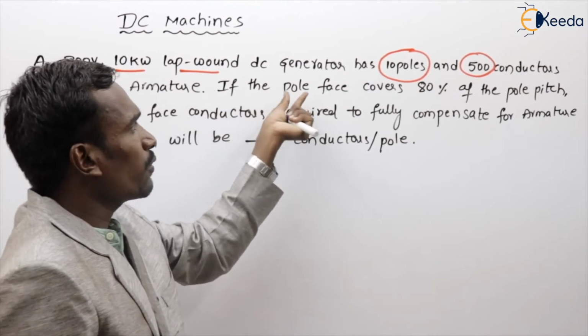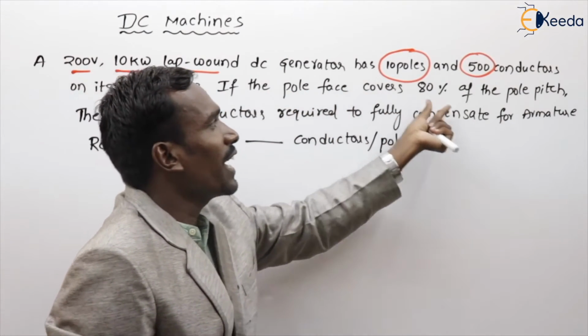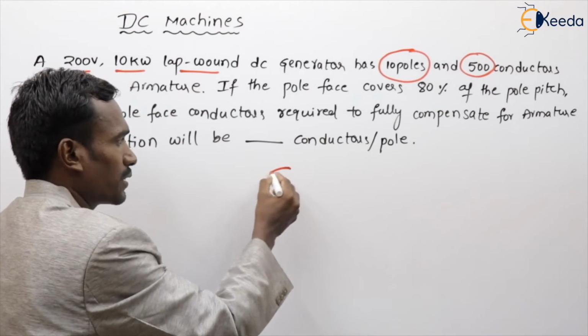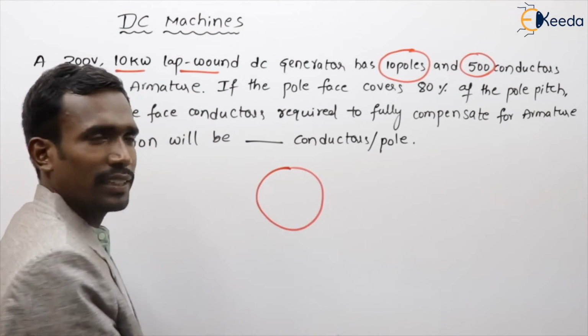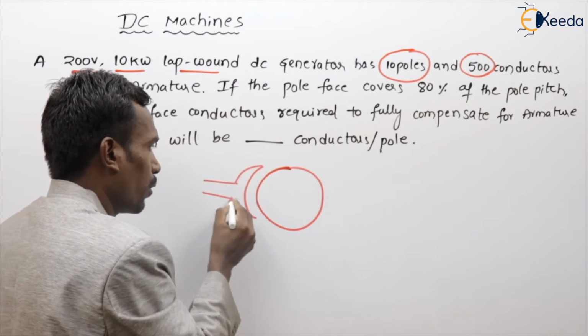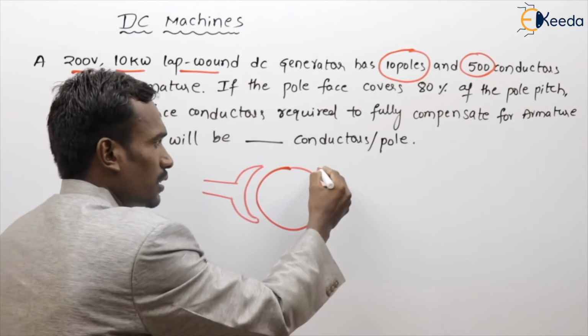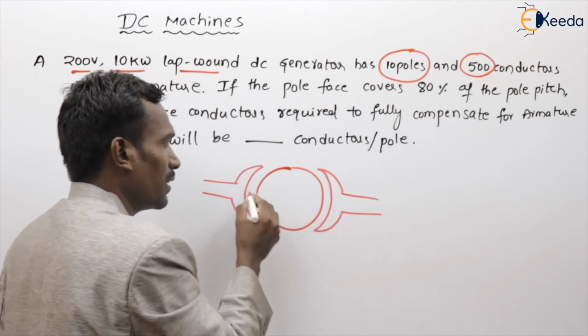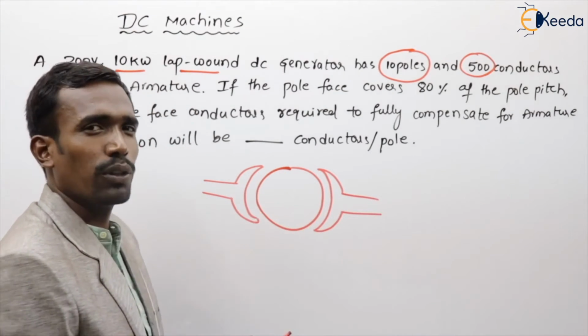If the pole face covers 80% of the pole pitch, for example, if my motor is like this, this is my pole face, the pole face covers 80% of the pole pitch.